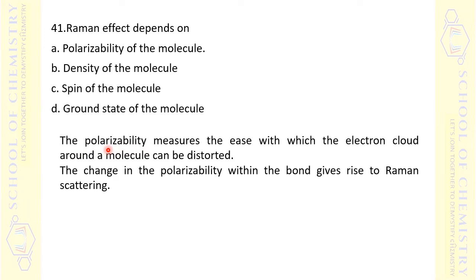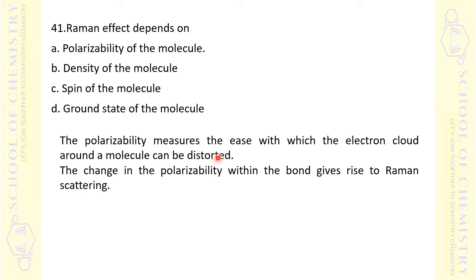So what is polarizability? It has been given here. Polarizability is a measure of the ease with which the electron cloud around the molecule can be distorted. During the vibration, if the electron cloud gets distorted, that will change the polarizability of the molecule, and in that case we can expect Raman effect. Similarly, remember the important condition for IR activity.